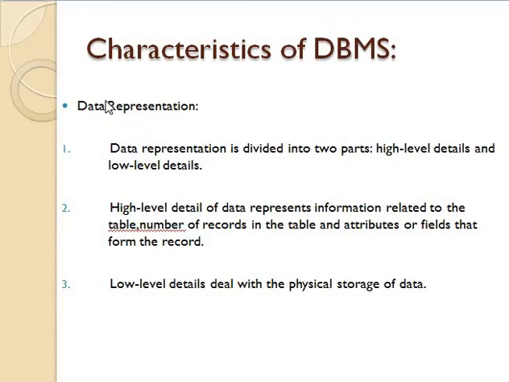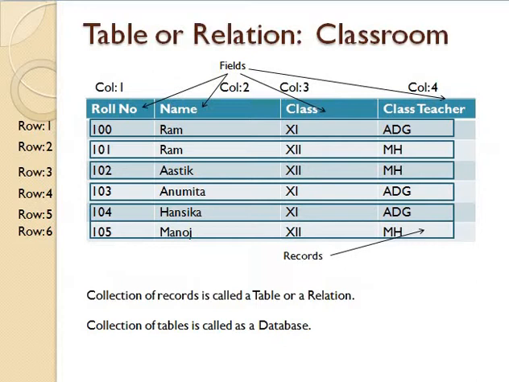The first one is data representation. Data representation is divided into two parts: high-level details and low-level details. The high-level details of data represents information related to the table and the number of records in the table and the attributes or the fields that form the records in the table.